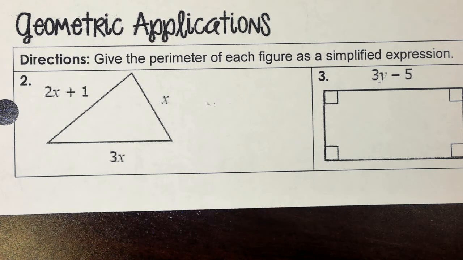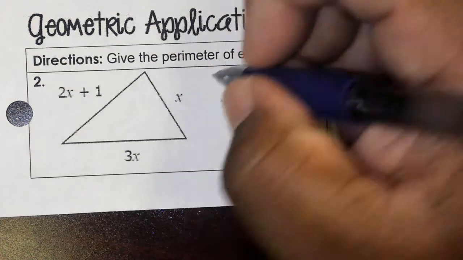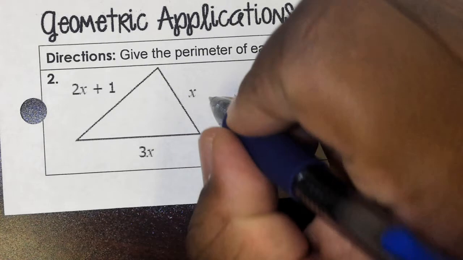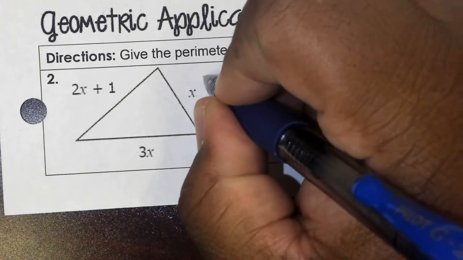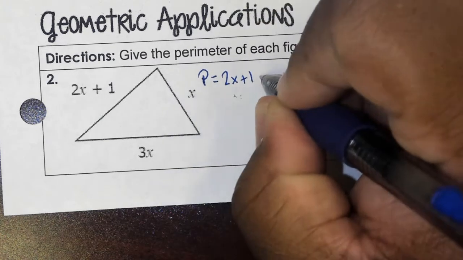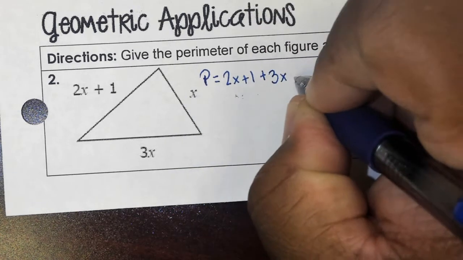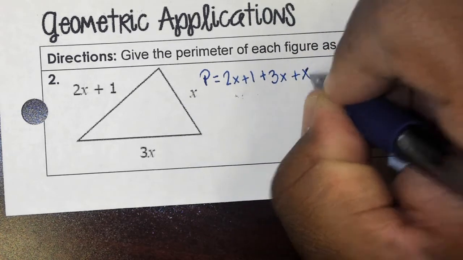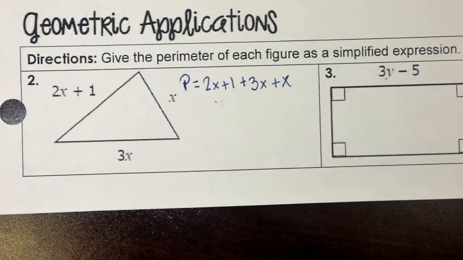All right. In this case, they want to know the perimeter of this triangle represented as an expression. They only gave us the expressions. They didn't give us any numbers, as far as just adding three numbers together. So you have to add the expressions. The perimeter will be equal to 2x plus 1 plus 3x plus x. But then it says simplify that.